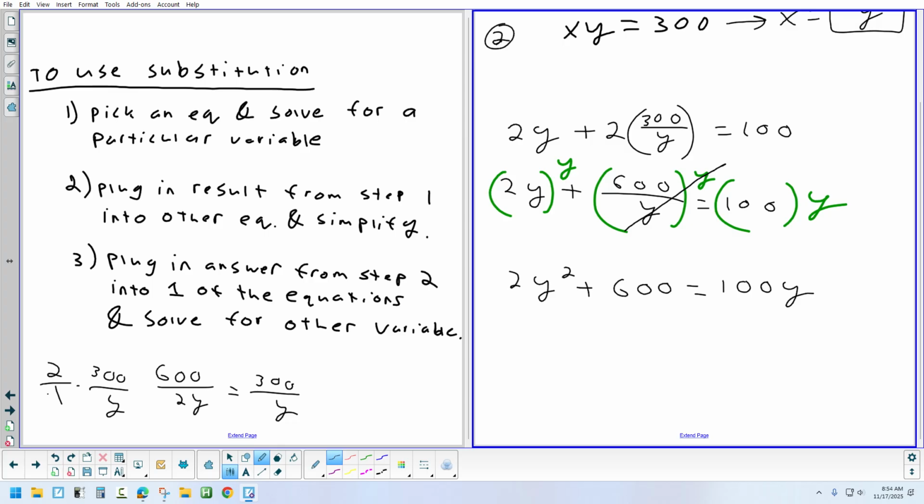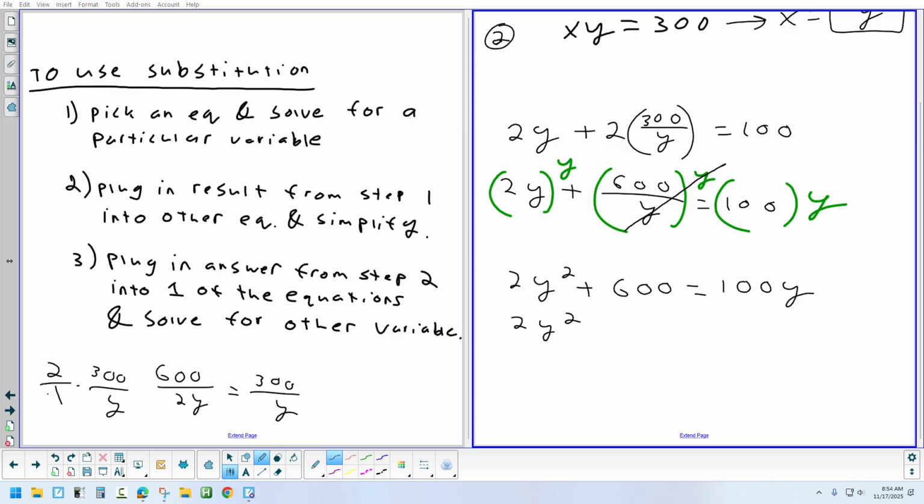Now we've got an equation where the highest exponent is a 2. What kind of equation has the highest exponent as a 2? Quadratic, yeah. It's a quadratic equation. And when we solve a quadratic, what do we try to get it equal to? 0. Yep. So let's bring everything over to the left side.